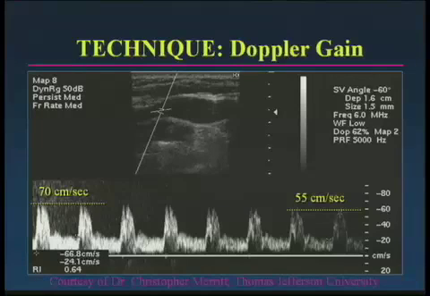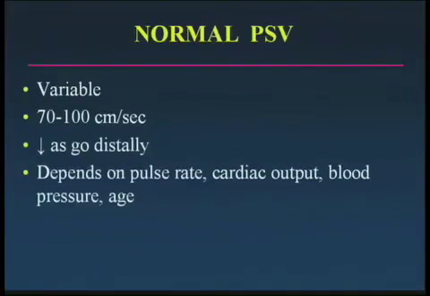All he did here was, at the beginning, he had the gain up too high so you can see background speckles, and then he gradually turned the gain down till it was too low and you didn't see a very sharp white tracing. You can see that there was a fairly significant range in velocity, from 70 with the gain up too high to 55 centimeters per second when the gain was too low. So again, at the very least, don't change your Doppler gain during the examination.